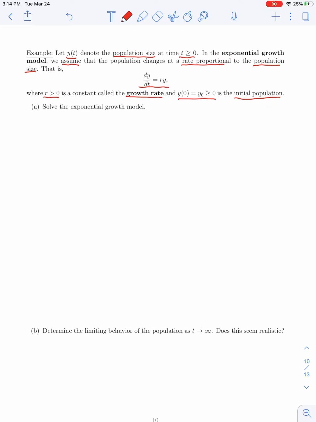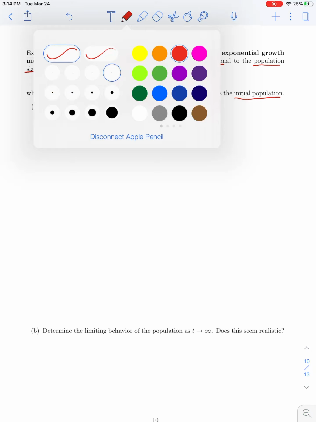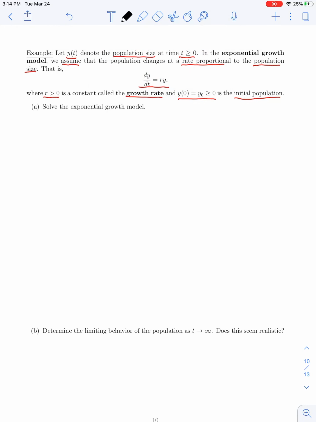So this differential equation, the exponential growth model, is a separable differential equation. And in part A, we are asked to solve that exponential growth model. So using separation of variables, if we were to divide both sides through by y and multiply both sides by dt, we have dy over y is equal to r dt.